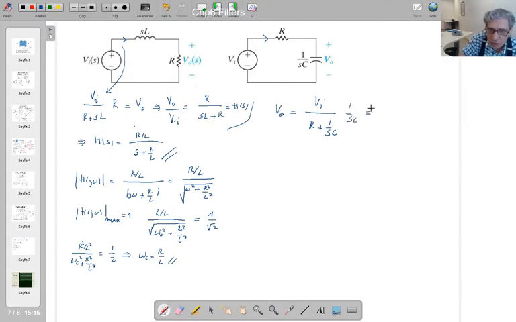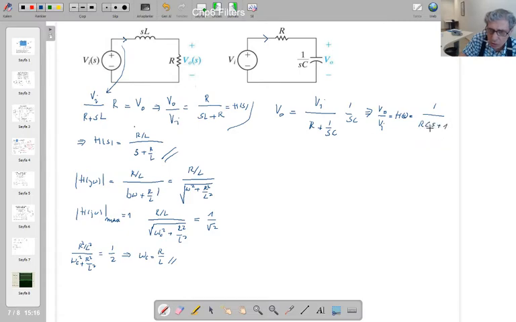So from that, V out over Vi is equal to H(S), the transfer function, and this is equal to 1 over RCS plus 1.